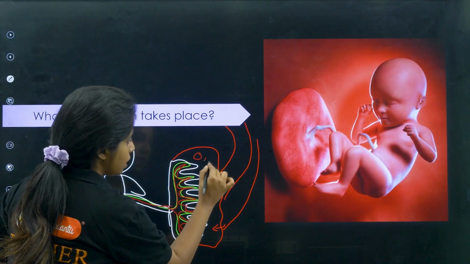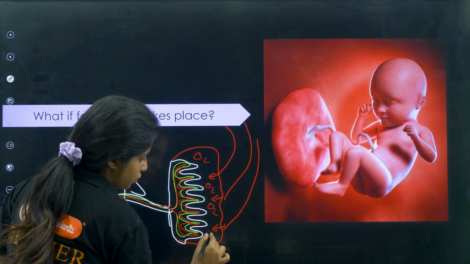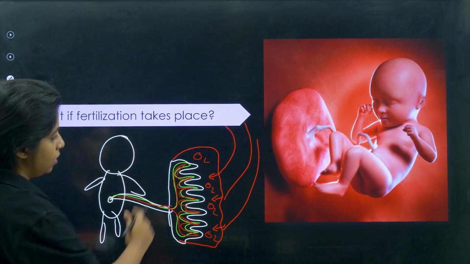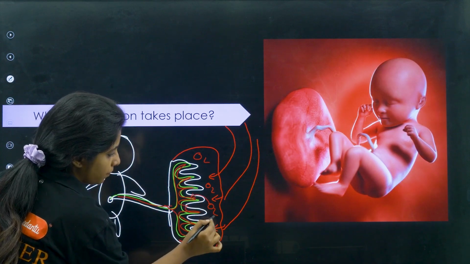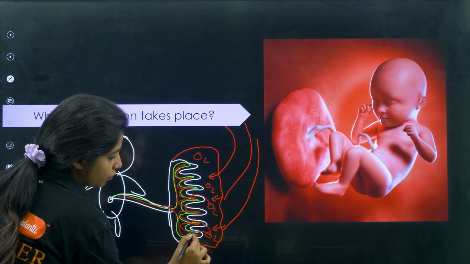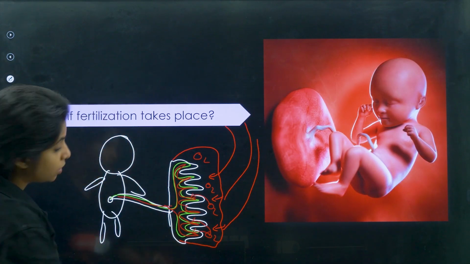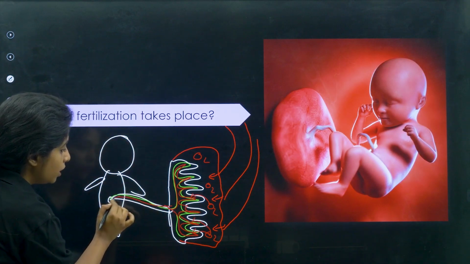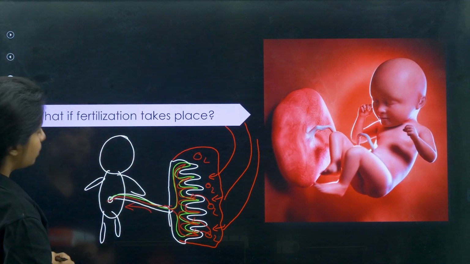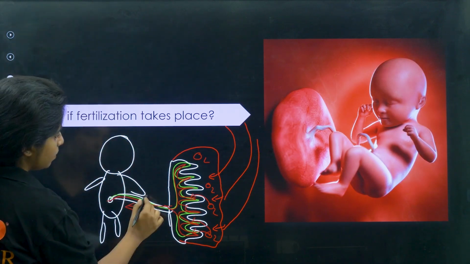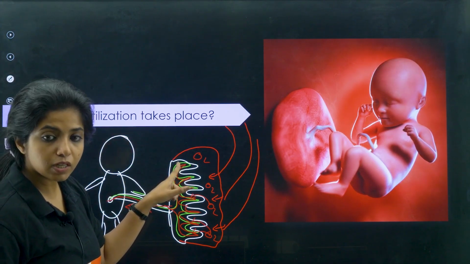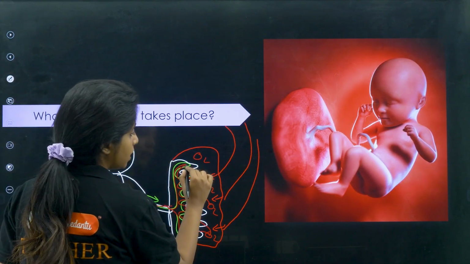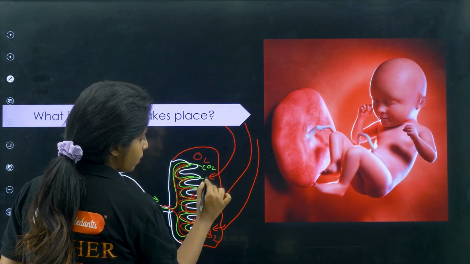The mother's blood contains oxygen, and the oxygen is way too much over here. So, with the help of diffusion, the oxygen moves into the blood vessels over here. Where are these blood vessels going? They are going back to the baby itself. From the baby, what is coming? The baby is also giving out certain things, right? The baby's blood vessels will have lots of carbon dioxide. That carbon dioxide is given to the blood spaces.